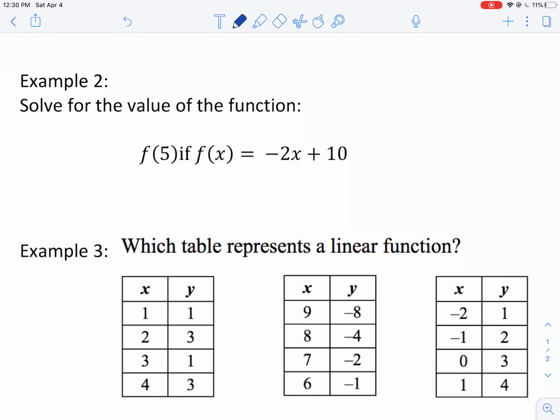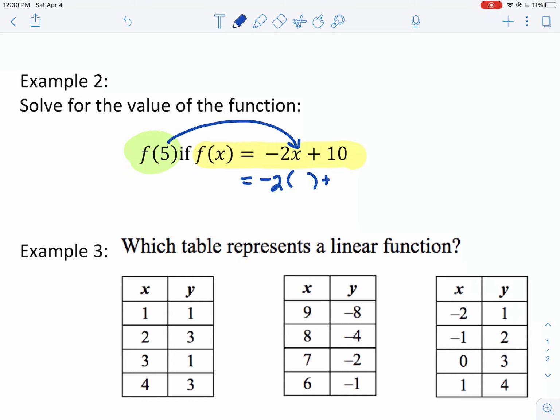Okay. Now, example 2, it gives you a function. So it says solve for the value of the function, and it gives you an equation f of x equals -2x plus 10, and it asks you to plug in 5 for x. So remember, you're going to use parentheses, plug in 5 for x, and then type that into your calculator. So you're going to drop everything down.